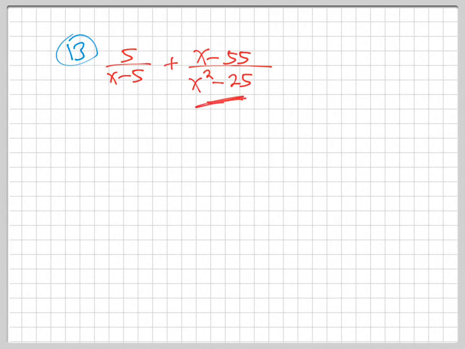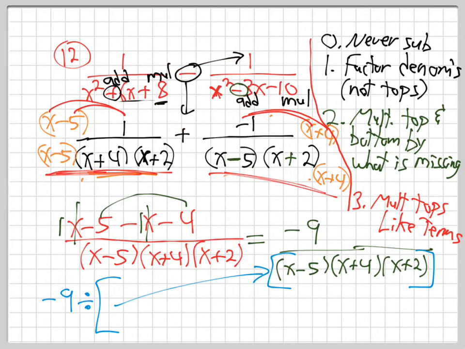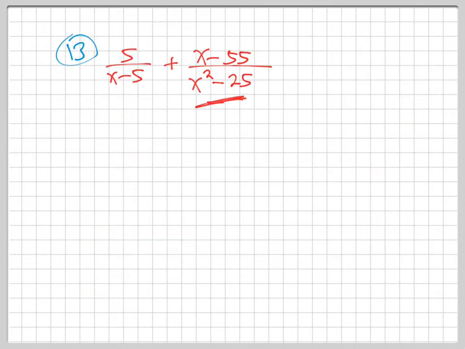You factor this denominator right here first. Right? Look back to the steps. Step 1, factor denominators, not tops. Right? Factor denominators, not tops. So step number 1, factor denoms. All right. Okay. So step 1 is factor denominators, right?